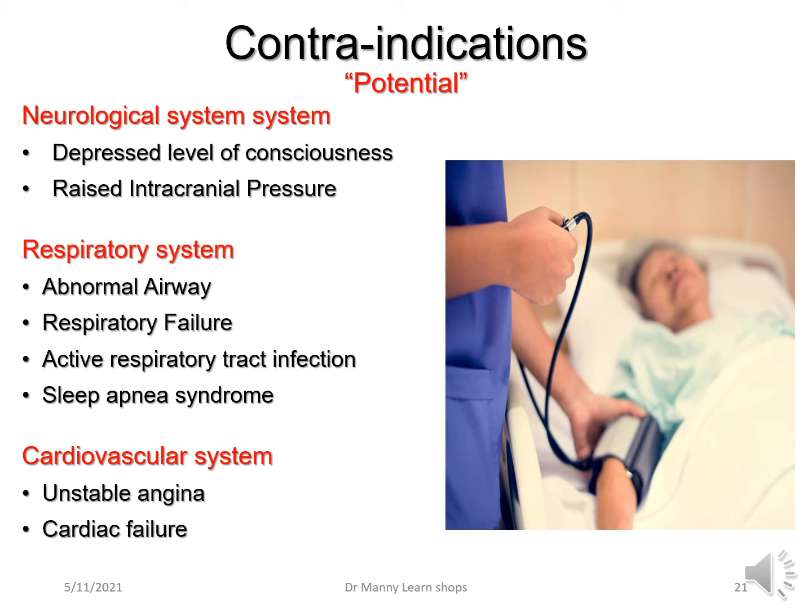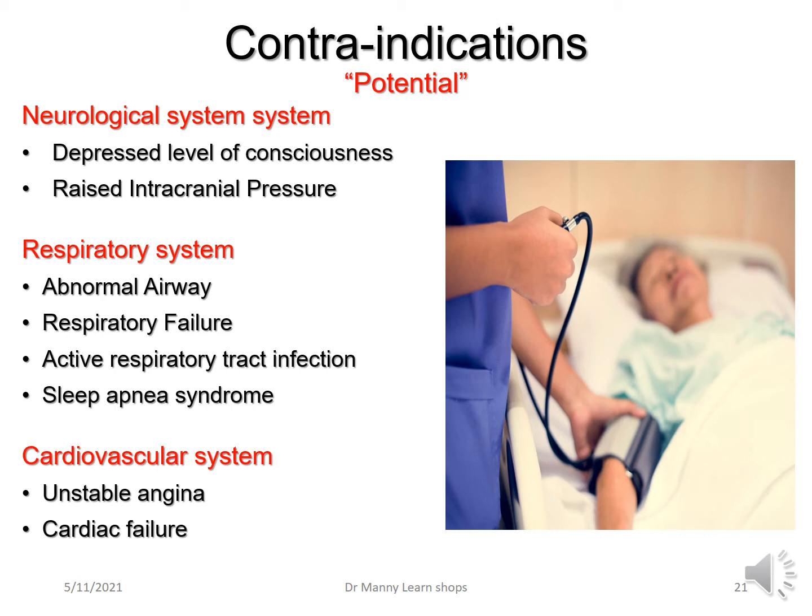You may have a level of depressed consciousness. You may have a raised intracranial pressure. However, having said that, you may have had a stroke and still require the procedure. And the doctor, physician, advanced practitioner may not want to cause you additional stress. So it's a relative contraindication. Absolute contraindication is when it can put you at harm.